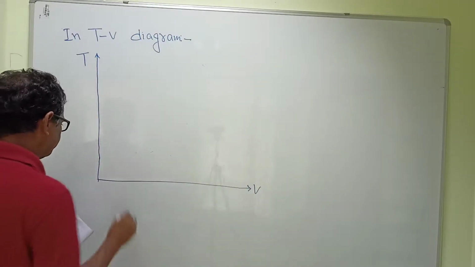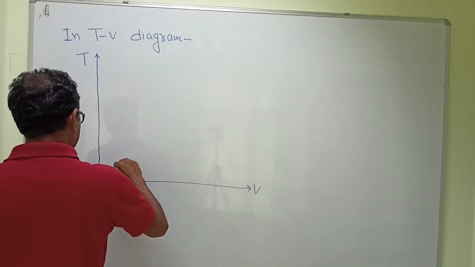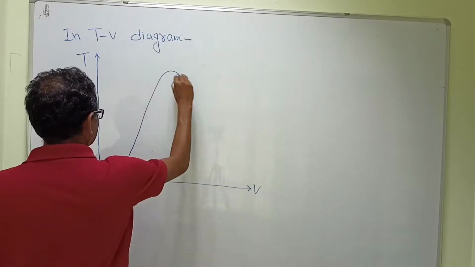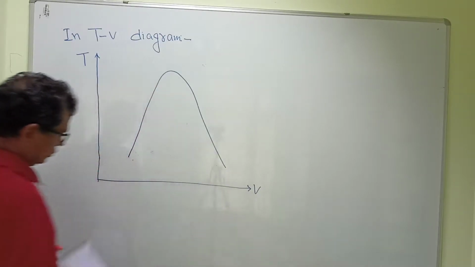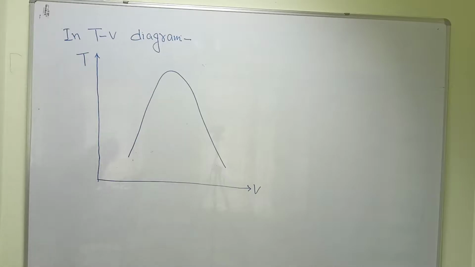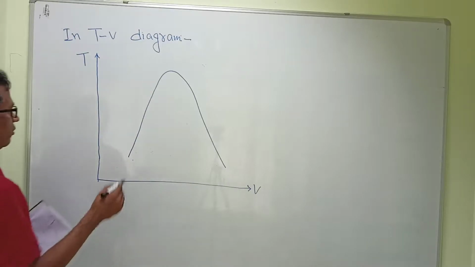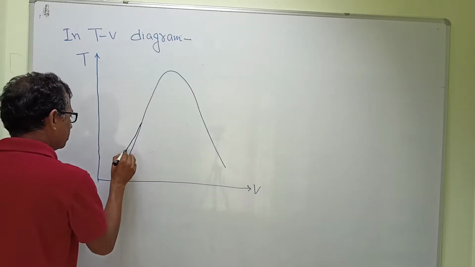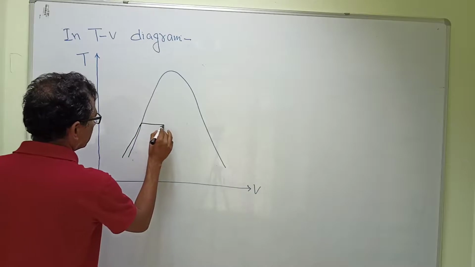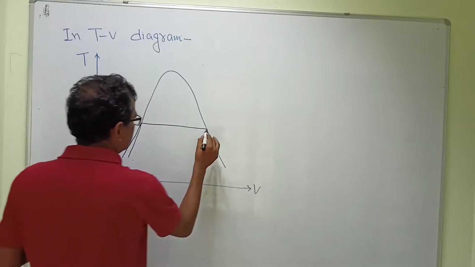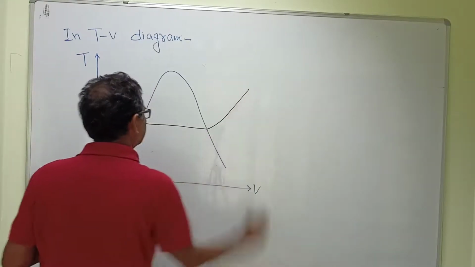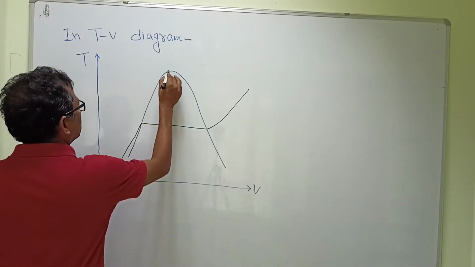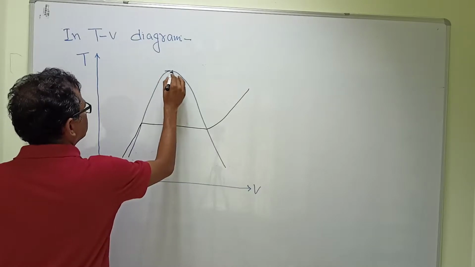Okay. So our two-phase region is here. The constant pressure line goes like this, almost straight, then horizontal, and then looking up. I'll draw the critical pressure line also.